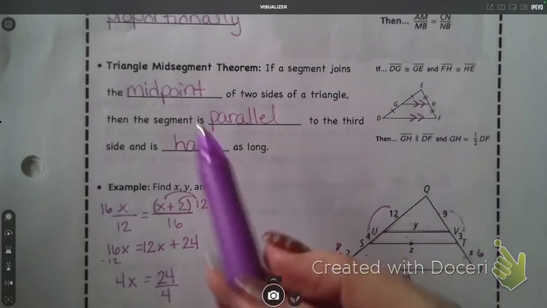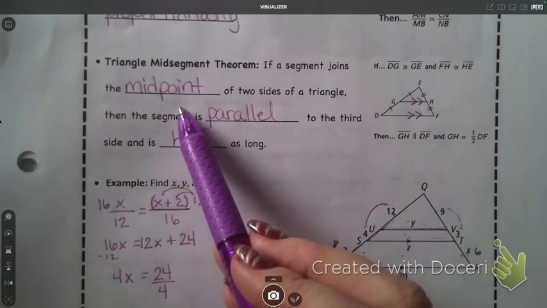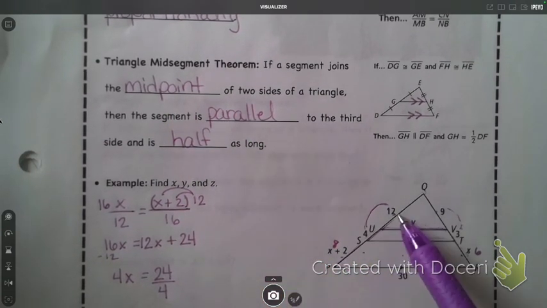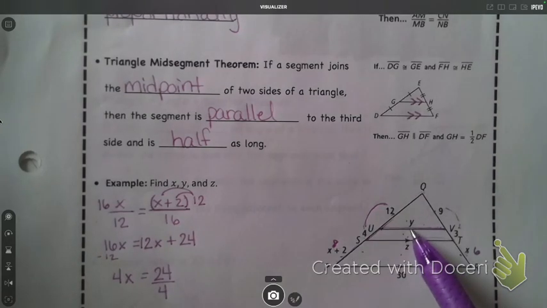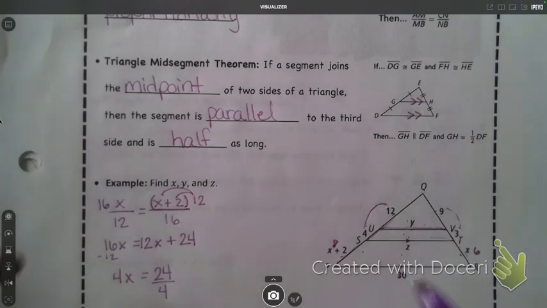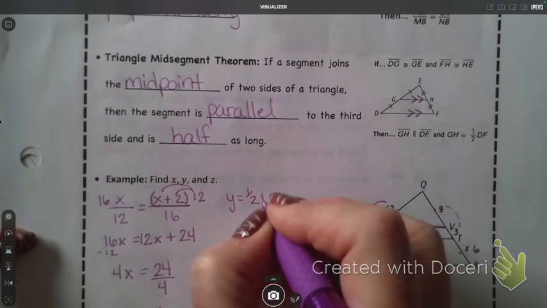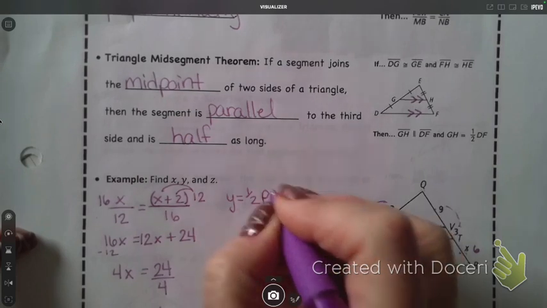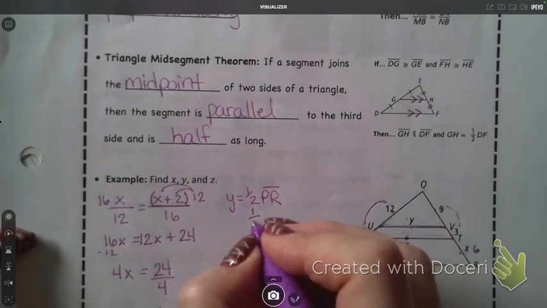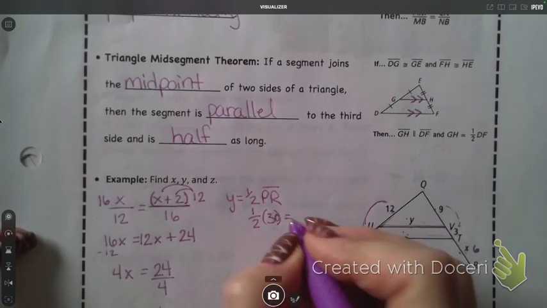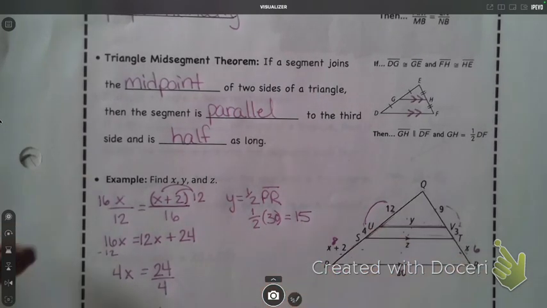So does that allow me to use my midpoint? So it says if that happens, then y is how much of PR? Half. So y equals 1/2 of PR. Just going to write it out so you can see it. So 1/2 of 30 is 15. I wrote a 3.